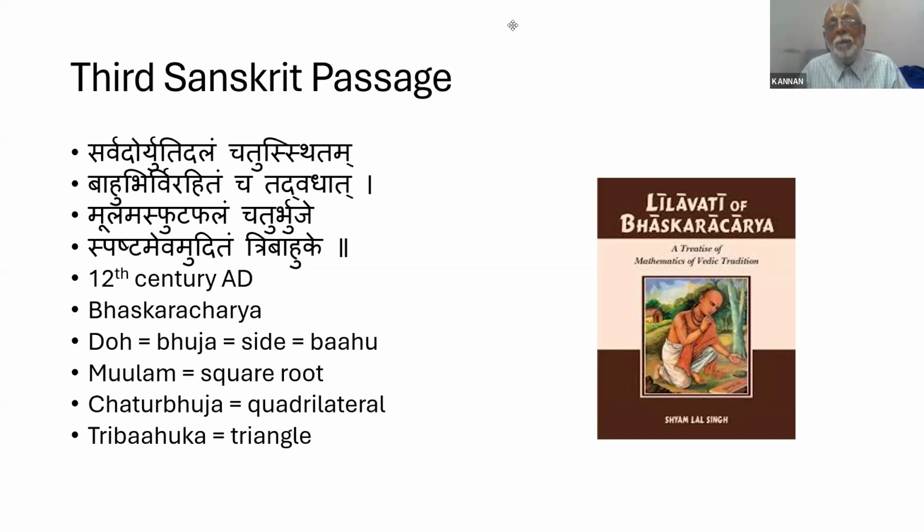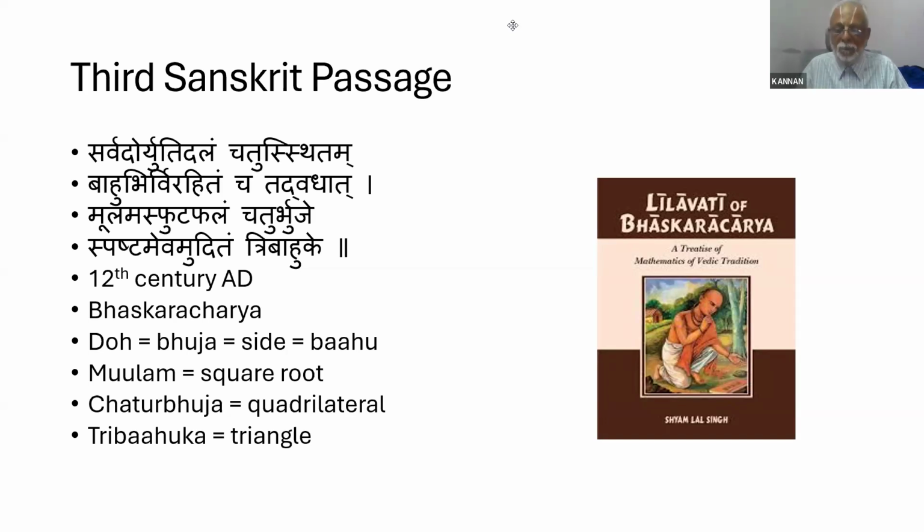Spashtameva muditam tribahuke. But when you take one of the four sides to be 0, it becomes a triangle. Then this formula becomes spashtam, exact. There is no triangle for which this formula will fail. But there are quadrilaterals for which this may not be true.